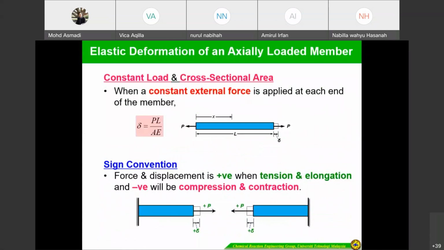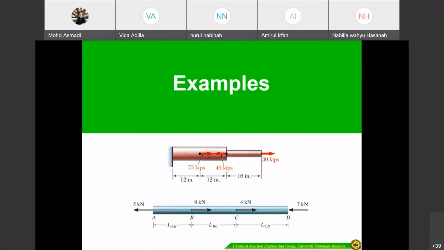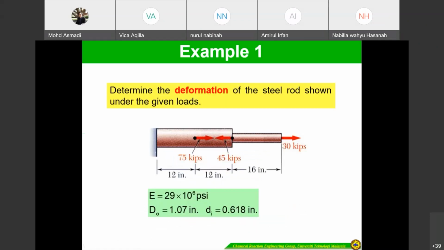Okay, so let's see the example. Determine the deformation of the steel rod shown under the given loads.